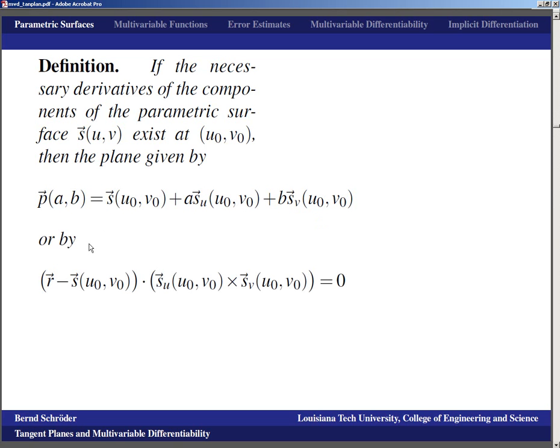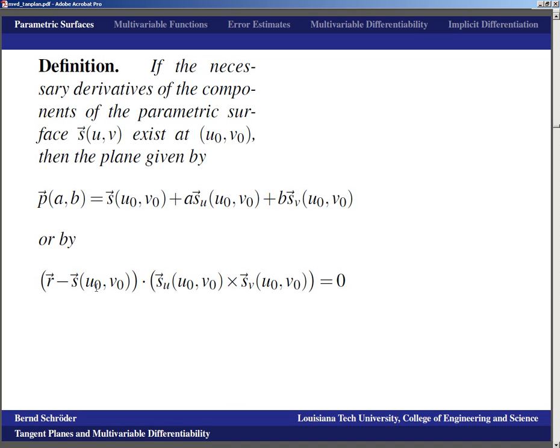Or the plane alternatively is also given by the vector equation of the plane, where you take your direction vectors S sub u and S sub v and take the cross product of them, and what that gives you, of course, is a vector that is perpendicular to what is supposed to be the plane.